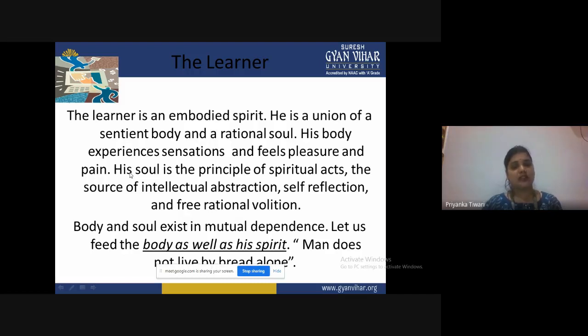His soul is the principle of spiritual acts, the source of intellectual abstraction, self-reflection, and free will. Body and soul exist in mutual interdependence. So let us feed the body as well as the spirit, and man does not live by bread alone.